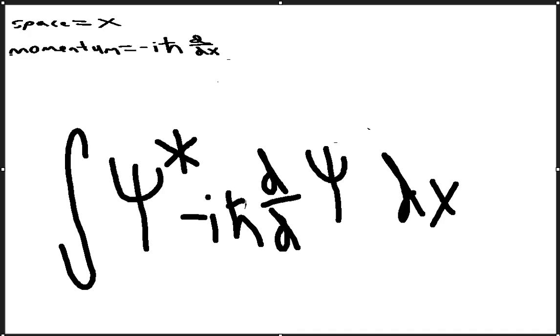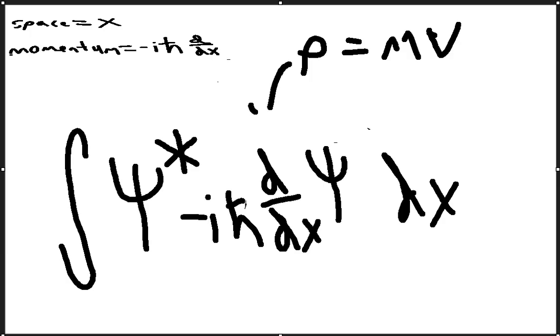And you might be wondering, why does it look so funky? First of all, the derivative is there because momentum uses derivatives. Like you think of mv equals momentum in classical physics. This is the analog for wave mechanics. It's the momentum of the wave.